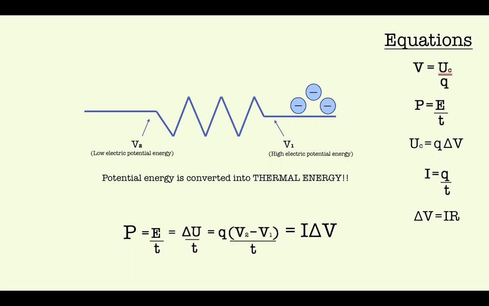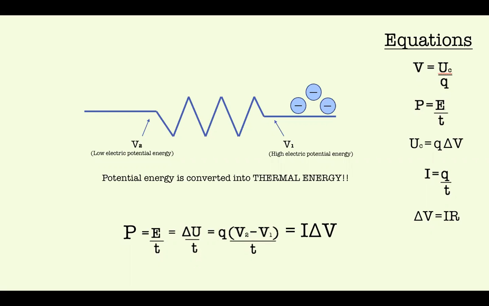Ohm's law allows us to substitute for the information that we may not have to determine the power. For example, if we didn't know the voltage, we could find power by saying that power equals the current squared times resistance. And if we didn't know the current, we could find power by taking the change in voltage squared and dividing that by the resistance. Using these equations, we can determine how much power is in a circuit.